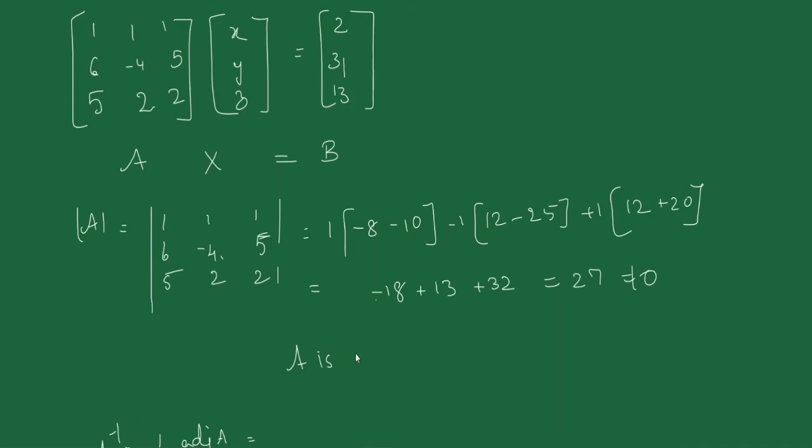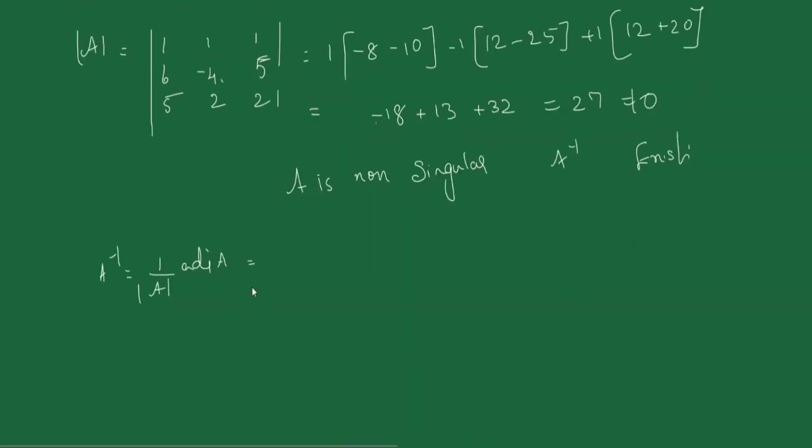So A is non-singular, that is A inverse exists. So the first condition is A should be a 3 by 3 matrix. Second condition, A is non-singular. So both the conditions are satisfied. Therefore A inverse exists. Let us find A inverse.